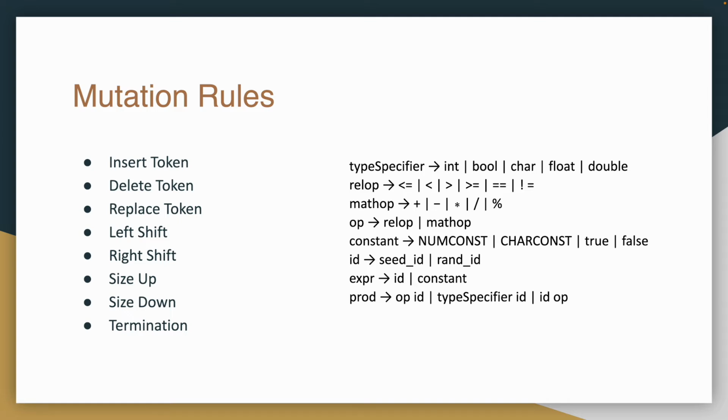Here are the designed mutation rules. For each of the rules, I will talk about it a little bit. For the insertion, we append the new tokens after the predicted index according to the production rules.